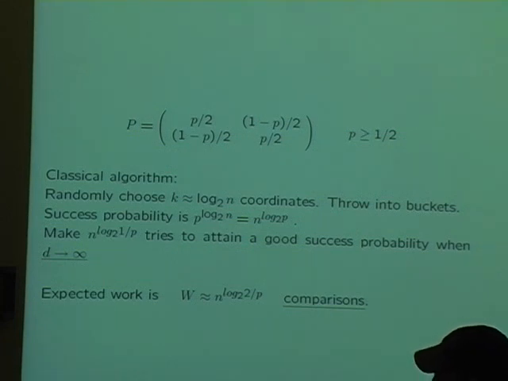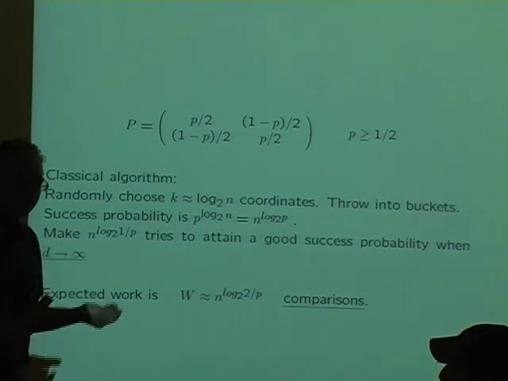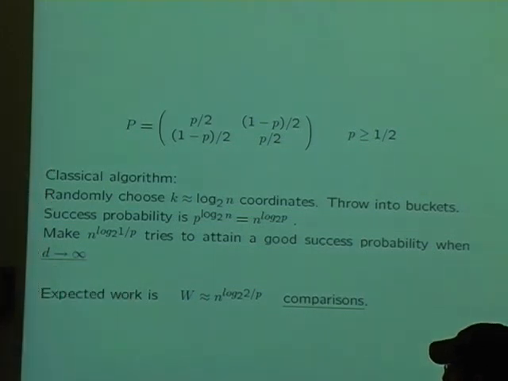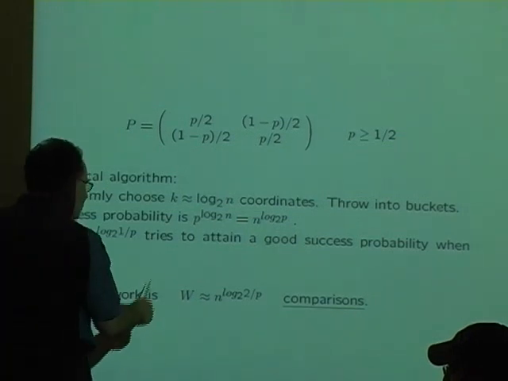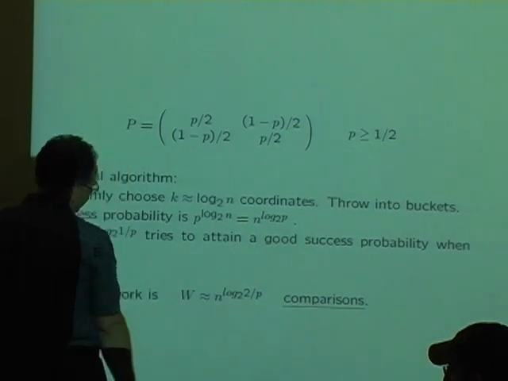But actually, we need to take only a few of them till we are certain. So usually we just need to take a logarithmic number. Also, it could be that the data is sparse, so that we have an efficient representation. So this is the reason why I don't want to count how actually I'm making the comparisons. I'm just counting the comparisons.